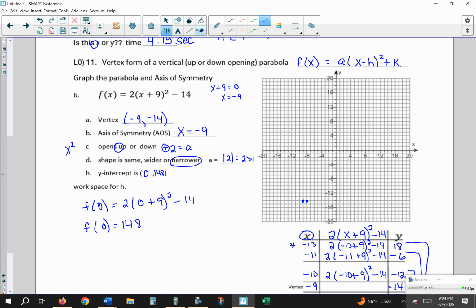I put it under the 8 instead of under the 9. Very common. That's one of those things I always check. Okay, next, negative 10. So 8, 9, 10. And then down 12.